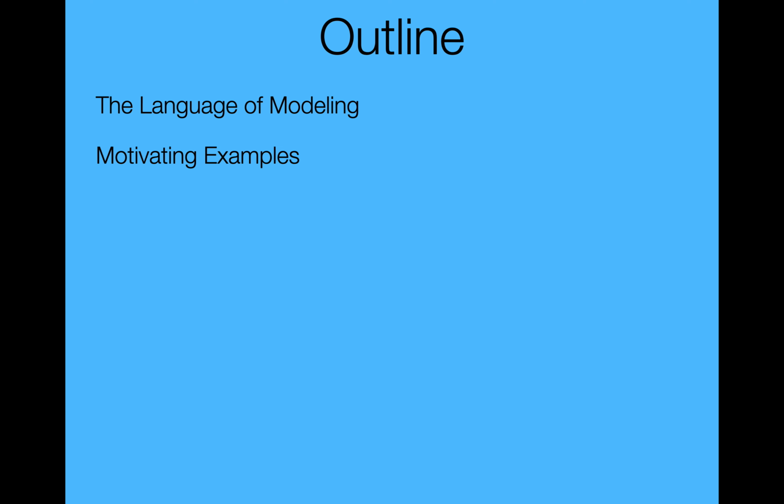Then I'll go through some motivating examples. That's the overarching theme. We'll go through some motivating examples, and then we'll end with a mathematical formulation of what we're trying to do in modeling. And then we'll work off that for the next couple weeks.